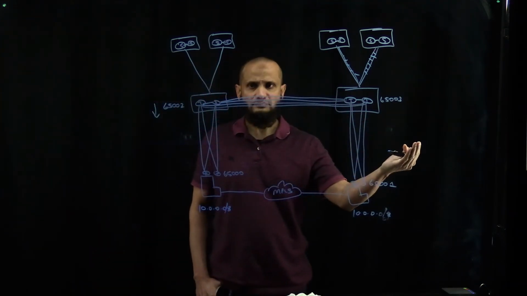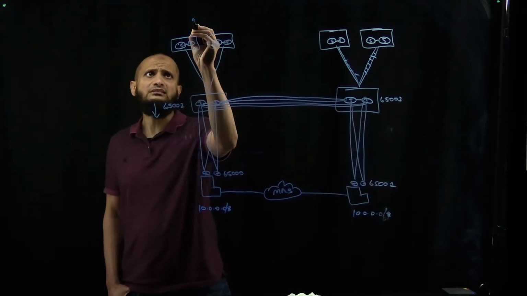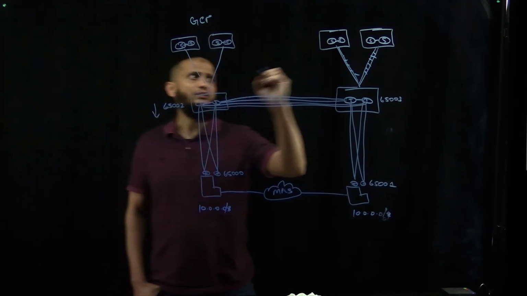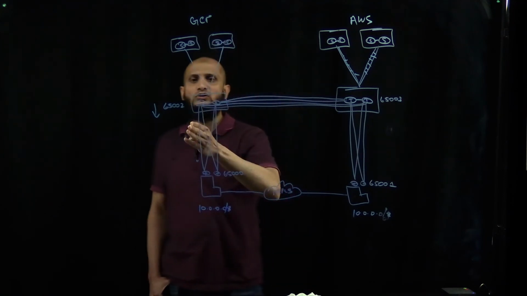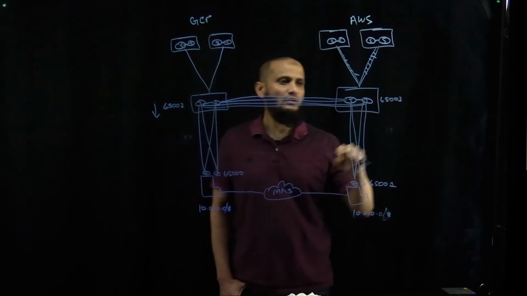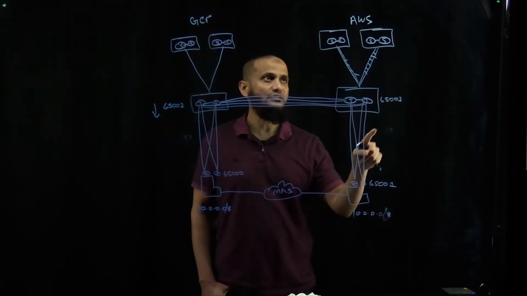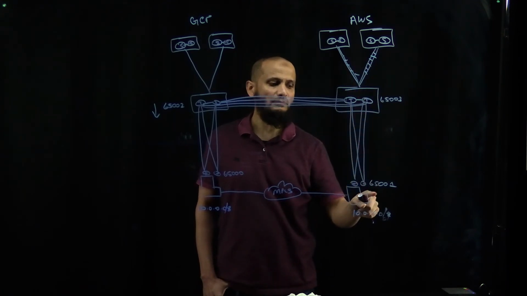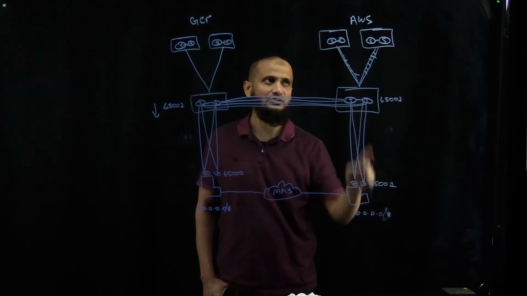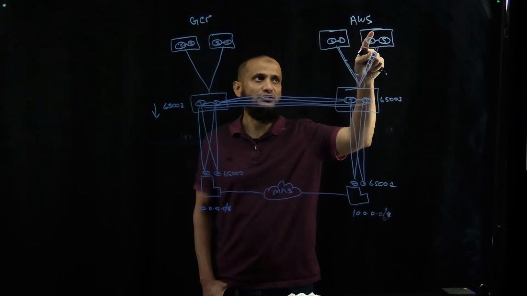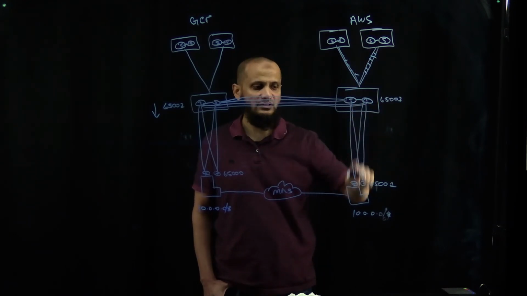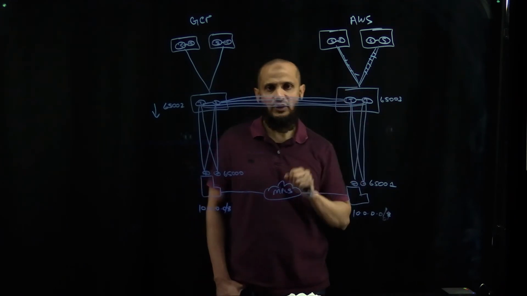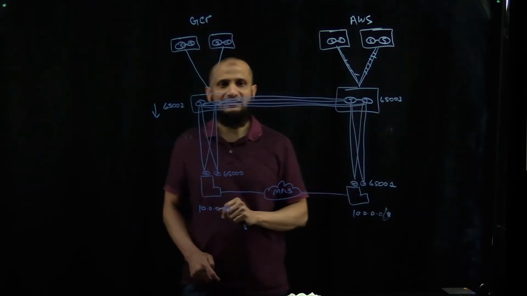What about, let's say, if I want to call this GCP and this one is AWS. GCP is going to prefer its local transit and local data center, and AWS is going to do pretty much the same thing on this side too. So the applications which need to get to 10/8 are going to go to the transit and the transit to the data center right away, right? So that is going to be the best route possible.